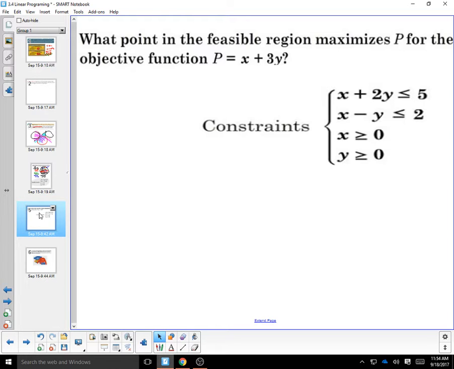Maximize that for me, please. So we're just putting it into that equation.